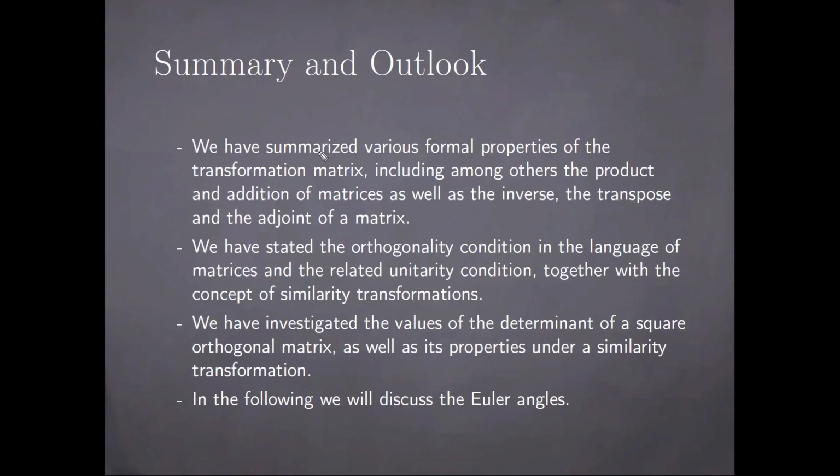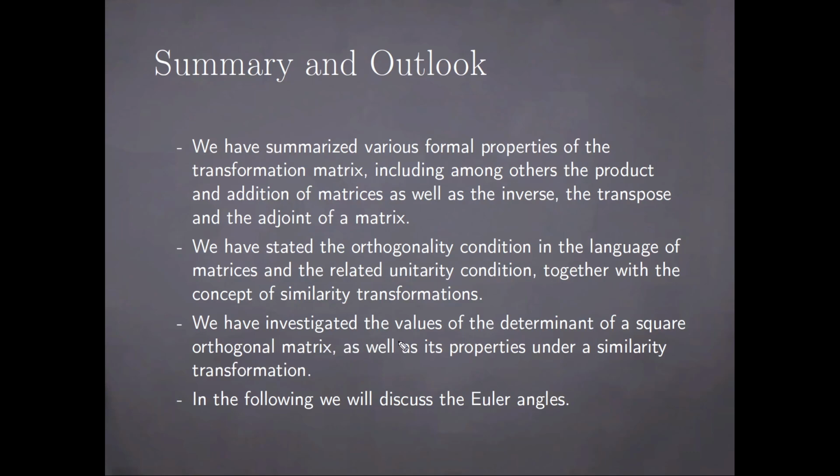So in summary, we have reviewed various formal properties of the transformation matrix, including, among others, the product and addition of matrices, as well as the idea of the inverse, the transpose, and the adjoint of a matrix. We have stated the orthogonality condition in the language of matrices and the related unitarity condition, together with the concept of similarity transformations.